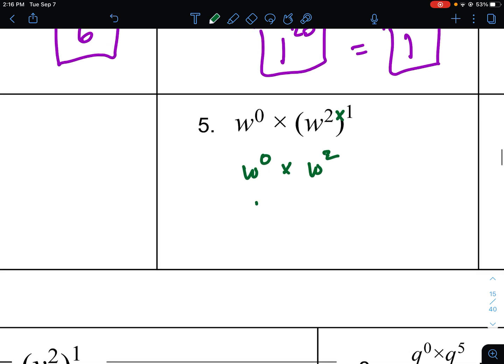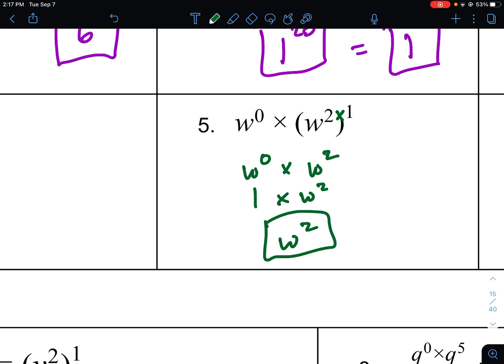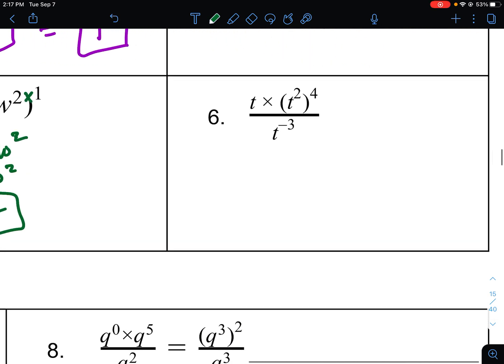So that's w to the 0 plus 2, if you want to think of it that way, which is just w to the 2nd. You can also just think to yourself, well, w to the 0 power is just 1, so 1 times w to the 2nd is w to the 2nd. Either way, w to the 2nd is your final answer.